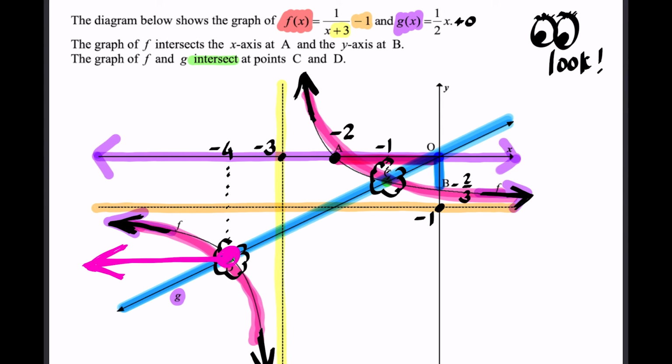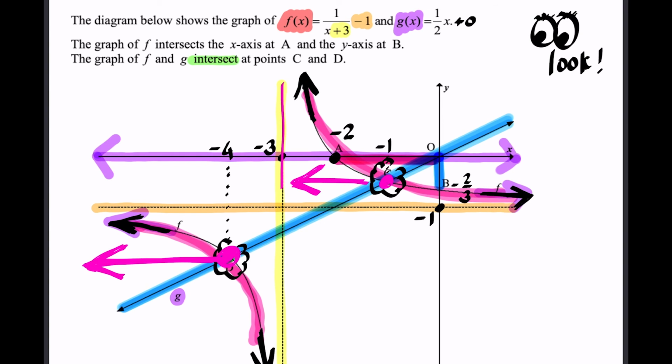So from D going in the negative direction, that's when the hyperbola will be above. Then the hyperbola will also be above the straight line graph or equal to the straight line graph from C going in this direction.